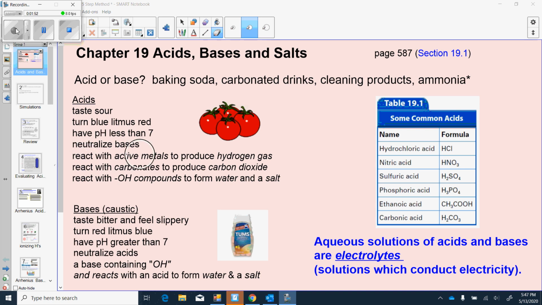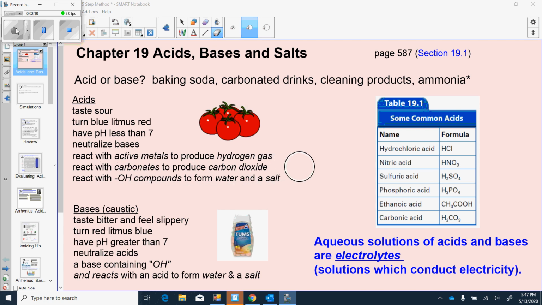It reacts with active metals to produce hydrogen gas. We saw this in grade 11 when we took hydrochloric acid and added some magnesium metal to it, and we saw it bubbling really quickly, and those bubbles were hydrogen gas. It reacts with carbonates to produce carbon dioxide.